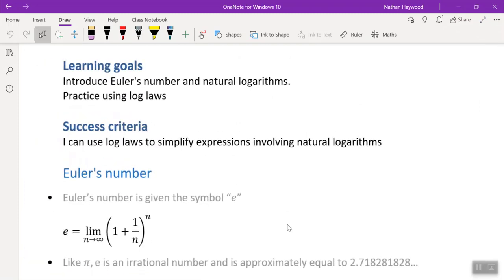So just like pi, you guys know pi. Just like phi, maybe you've never heard of phi. It's called the golden ratio. Euler's number is another number which is common across many different things. So it's approximately 2.718-ish.